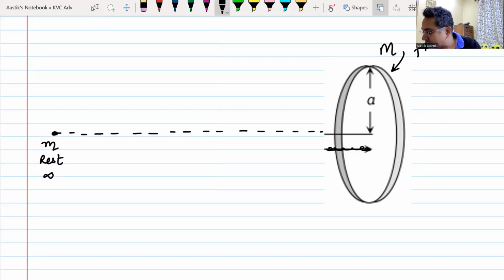The ring is fixed and is not going to move. What will happen to this small body of mass m? It is going to move towards the ring. When it reaches the center of the ring, you have to find out what is the velocity of this body.